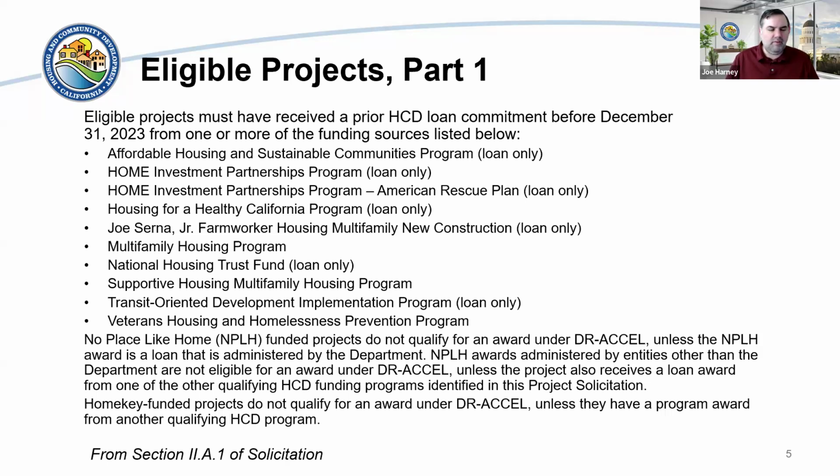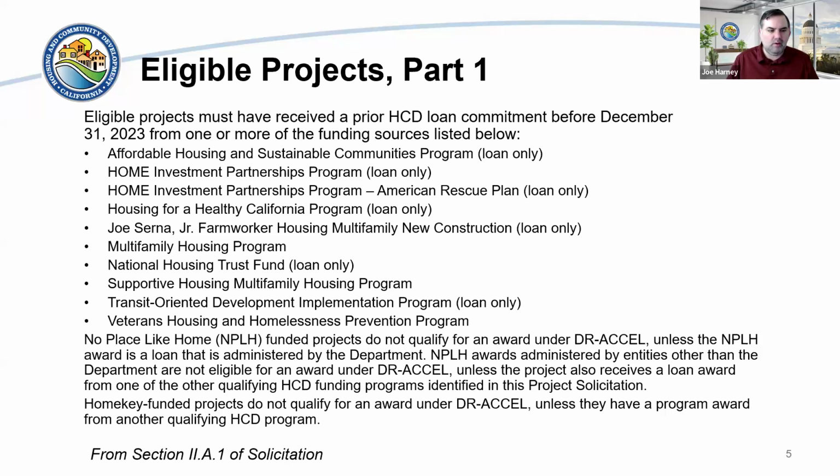The Multifamily Supernova Housing Program, the National Housing Trust Fund Program, the Supportive Housing Multifamily Housing Program, Transitional Oriented Development Implementation Program, the Veterans Housing and Homelessness Prevention Program, and the No Place Like Home Program funded projects that do not qualify for an award under DR Accelerator, unless the No Place Like Home award is a loan that is administered by the department.